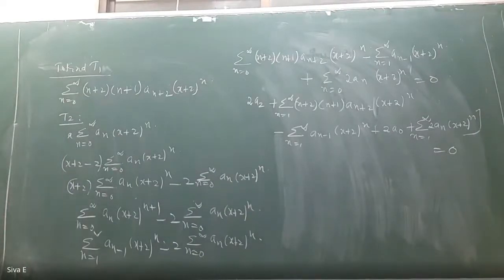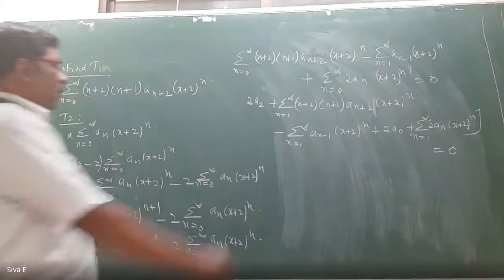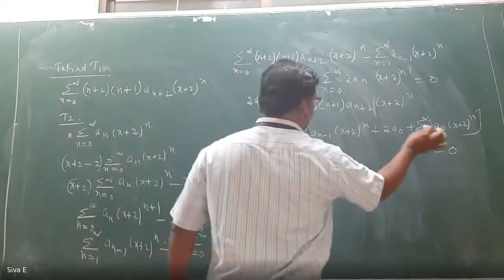So what is the next step? 2a2 plus 2a0. 2a2 is there, 2a0 is there.